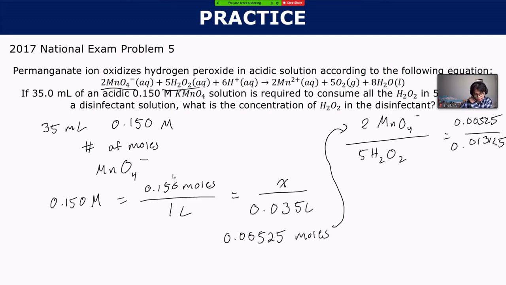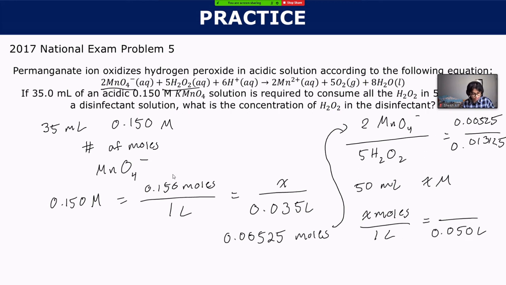And what we need to do with that is find the concentration, right? We know that it's going to be a 50 ml solution, and let's say the concentration is x molar. We know that there's going to be x moles in a 1 liter solution, and we know that in a 50 milliliter solution, or 0.050 liter solution, there's going to be 0.013125 moles.